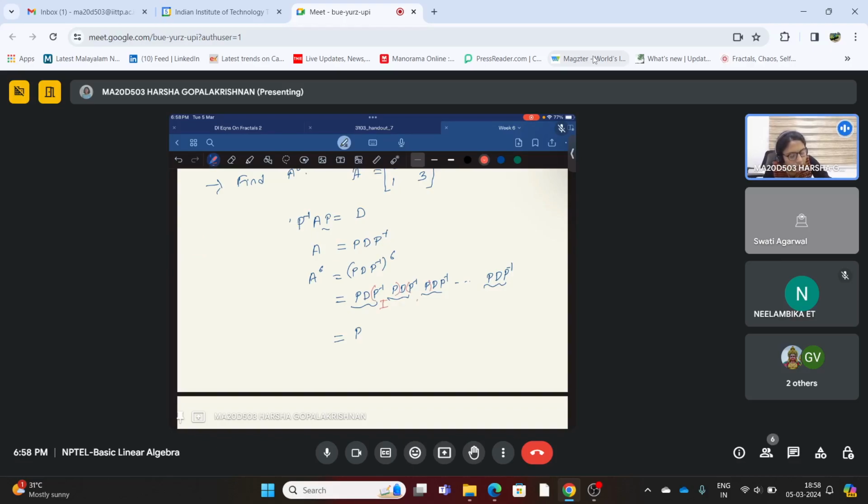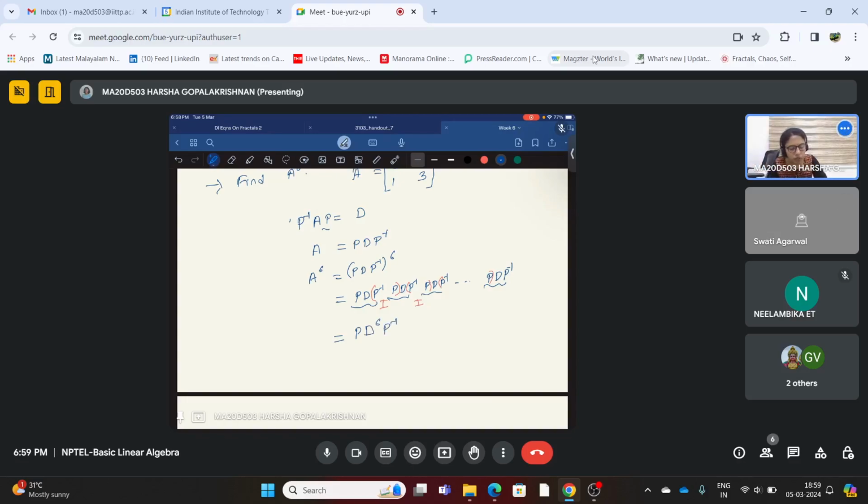This P inverse P will become identity, and in the same way throughout, only D is remaining. So we remain with the first P, all the middle P inverse P become identity, D power 6 in the middle, and the last term P inverse.